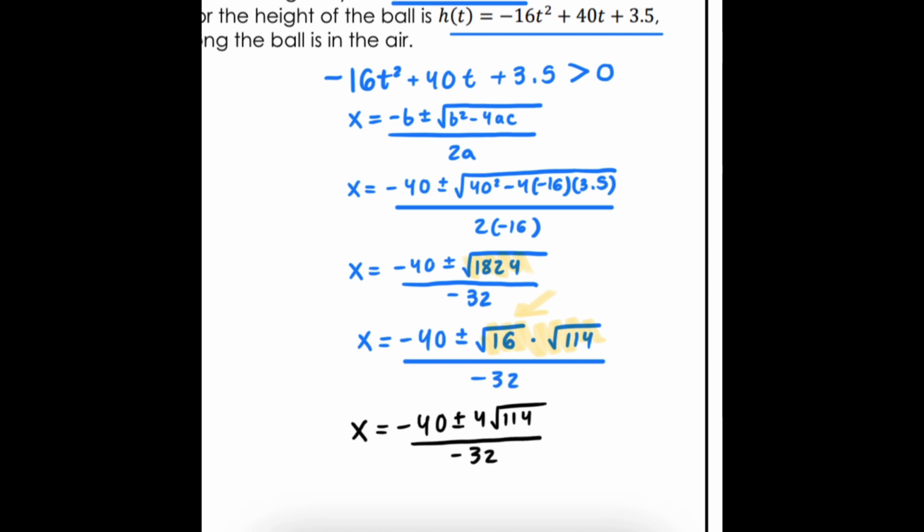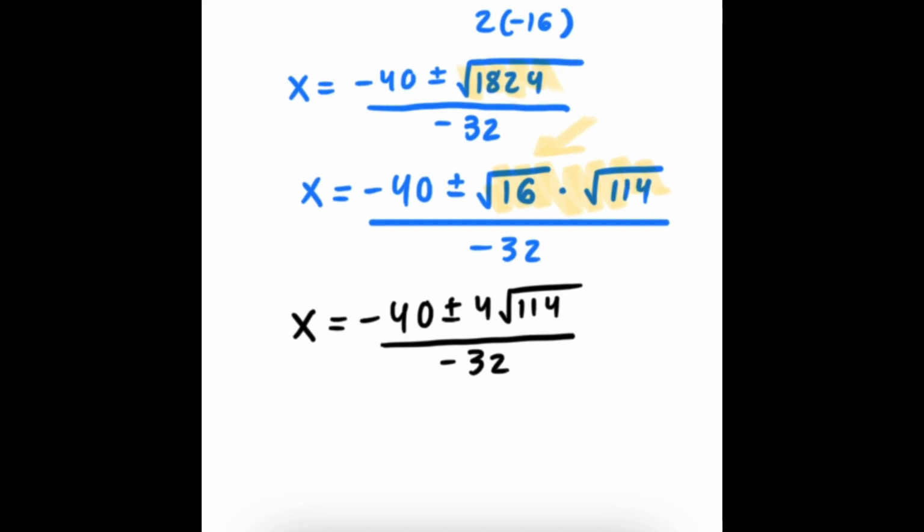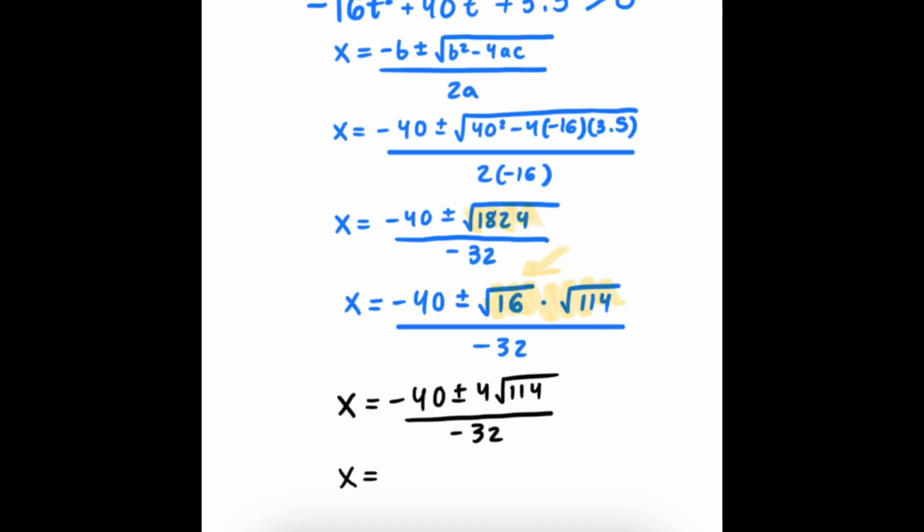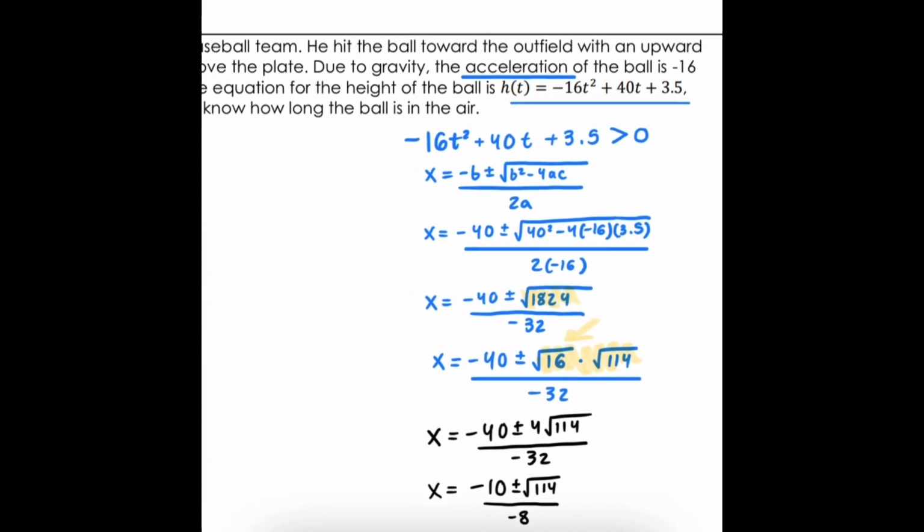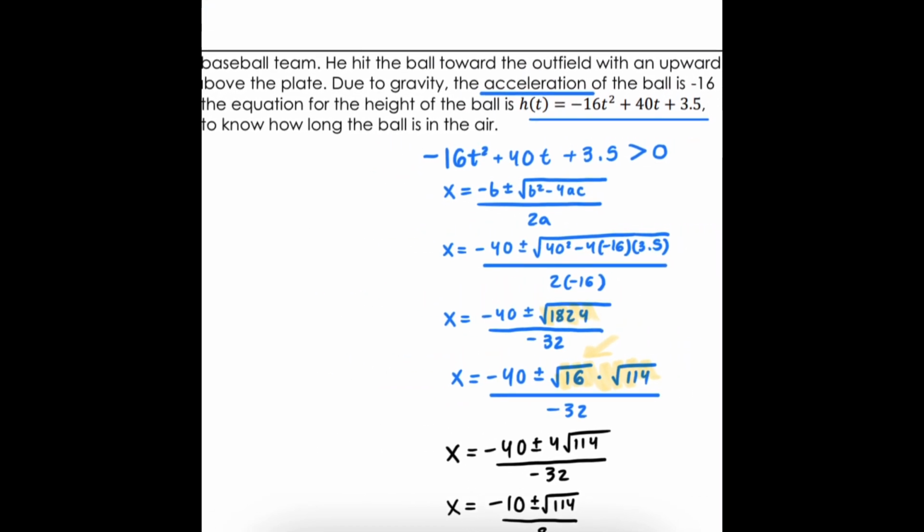And then I can simplify this, of course, right? This I can take out and a 4 out of everything. So this becomes negative 10 plus or minus radical 114 over 8, negative 8. So now we would have to test these on the number line.